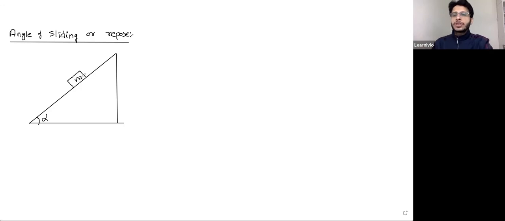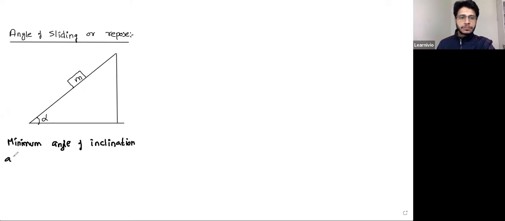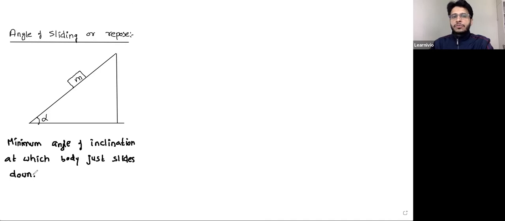So the minimum inclination of a plane with the horizontal at which the body just slides down is known as angle of sliding or angle of repose.